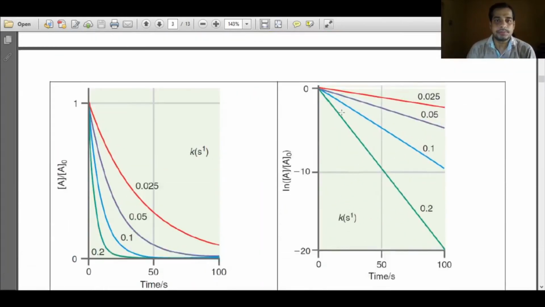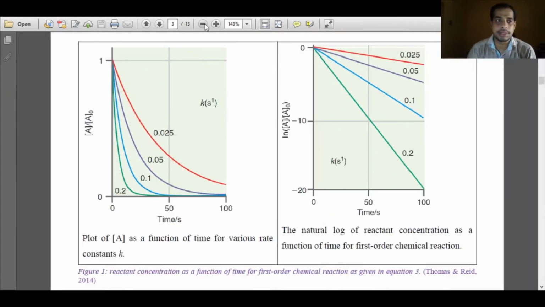So again, as I said, in the graphical method, if I draw a graph of the concentration of the reactant and time, I'll get the concentration of the reactant decreasing with time for first order according to equation 3. How does it decrease? It decreases exponentially. Now what is the extent of the exponential decrease? That depends upon the rate constant, K1.